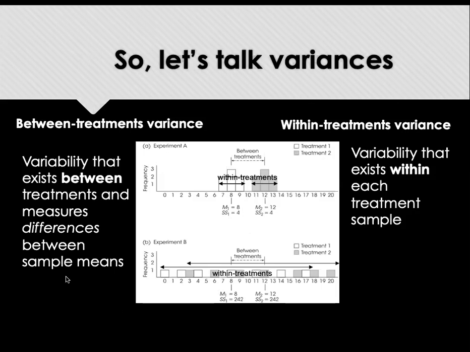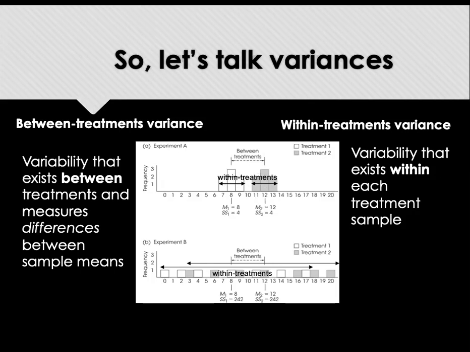So between treatment variance describes the variability that exists between treatments and measures the differences between the sample means. So up here, you've got treatment 1 are the white boxes, treatment 2 are the gray boxes on part A of this graphic here. The between treatment variance is the variance between the white boxes of treatment 1 and the gray boxes of treatment 2. What is the variance between those two treatments?